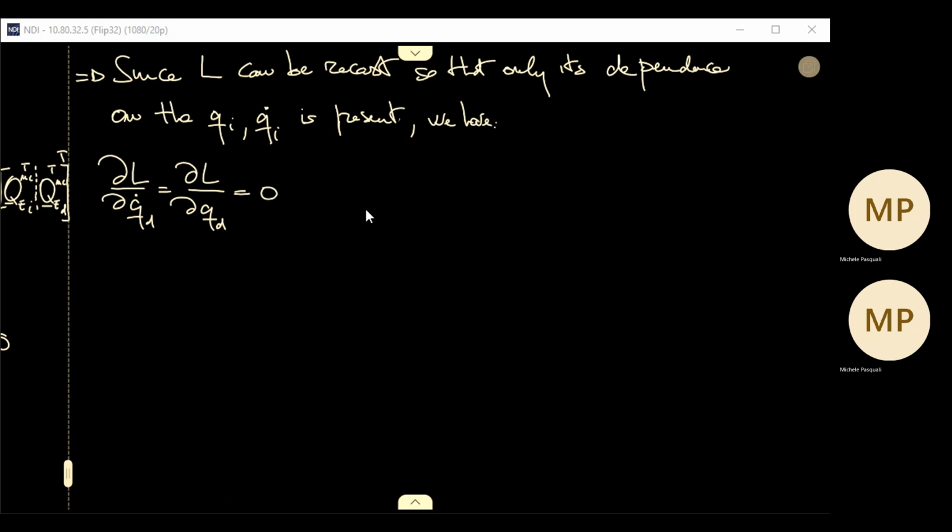Okay? If we want to be correct. And so it follows that the following holds. Sorry, it's not the total derivative, it's the partial derivative.